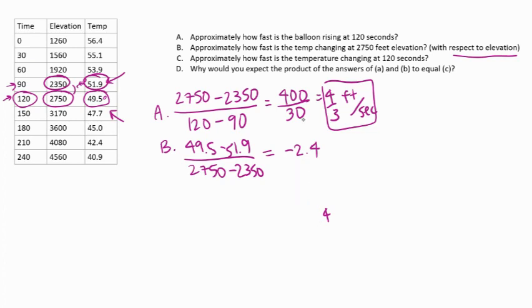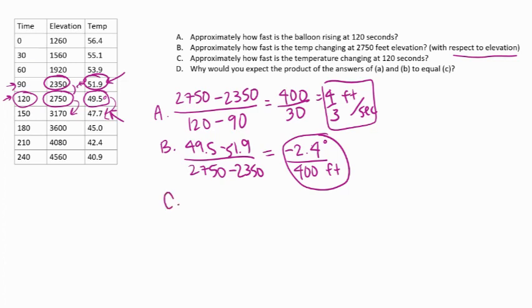I don't know why I was having trouble with that. Okay, negative 2.4 feet. Nope, not feet, degrees. It's either degrees Fahrenheit or degrees Celsius. I don't know. And then 400 feet. So we're in degrees per foot. Okay. So as the elevation goes up, the temperature is decreasing, is what we're figuring out. That's why it's a negative result.